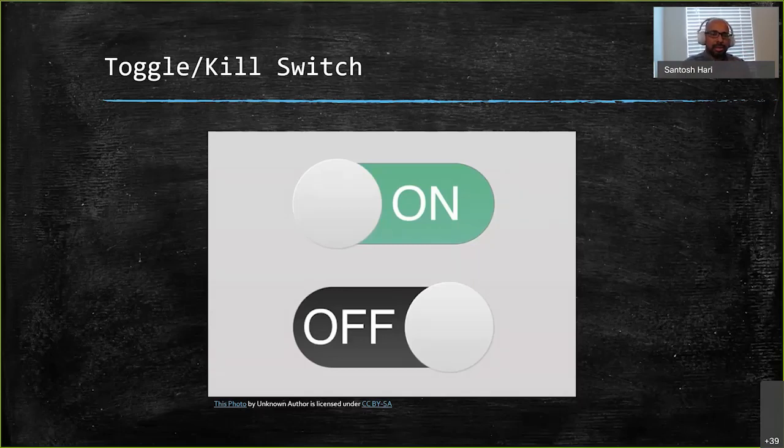This can be the difference between someone yelling at you and a public relations disaster having minimal impact, and how easily you can turn it off determines that. You can even combine it with percentage rollouts and other things, which I'll show in A/B testing. If you're doing this right, you basically take risk off the table.